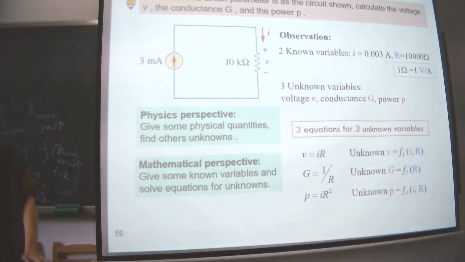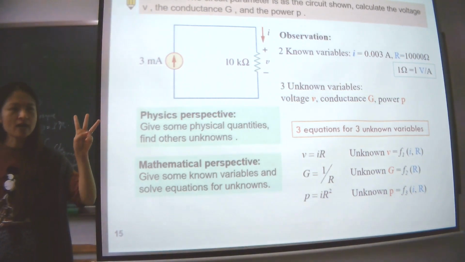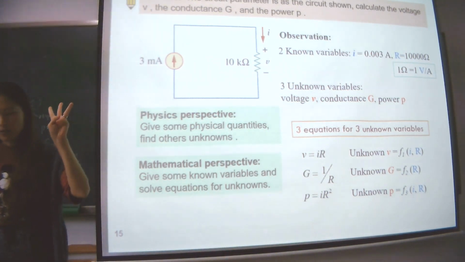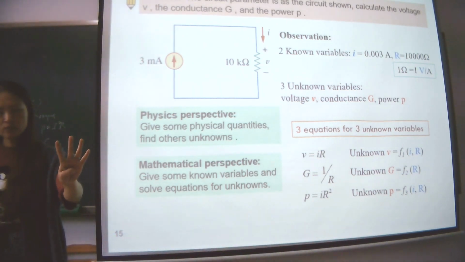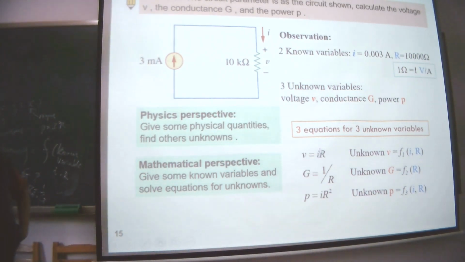So here we can see, from the perspective of mathematics, if we have three unknown variables, we have three functions to solve it, right? If we have four unknown things, we need to make four equations. So for this question, we need to list three equations for three unknown variables.